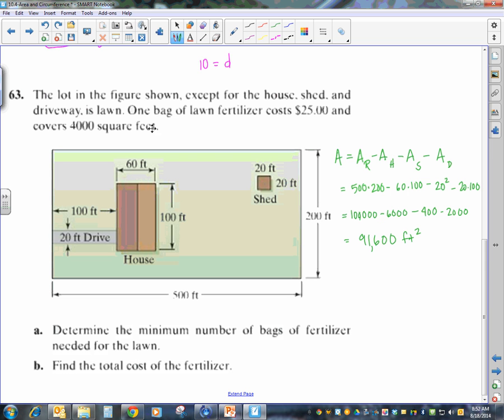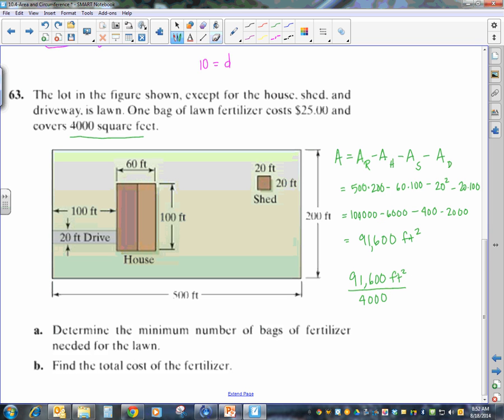And if I need to find out how many bags of fertilizer, then I've got to take that 91,600 square feet and divide it by 4,000 because I need to know how many bags I'm going to get to cover that.